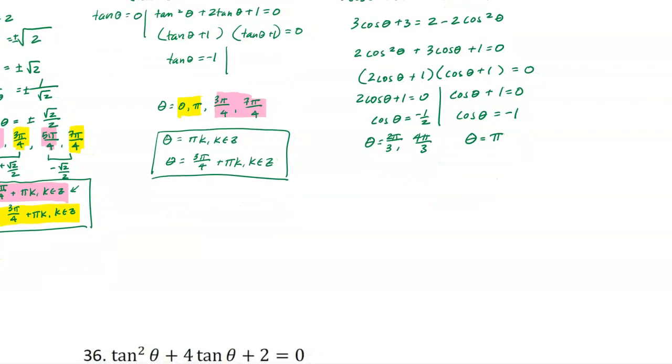So you need 3 equations, with a 2 pi added to it each time because we're just doing revolutions now. So your angles are going to equal 2 pi over 3 plus 2 pi k, k is an element of all integers, 4 pi over 3 plus 2 pi k, k is an element of all integers, equals pi plus 2 pi k, k is an element of all integers.